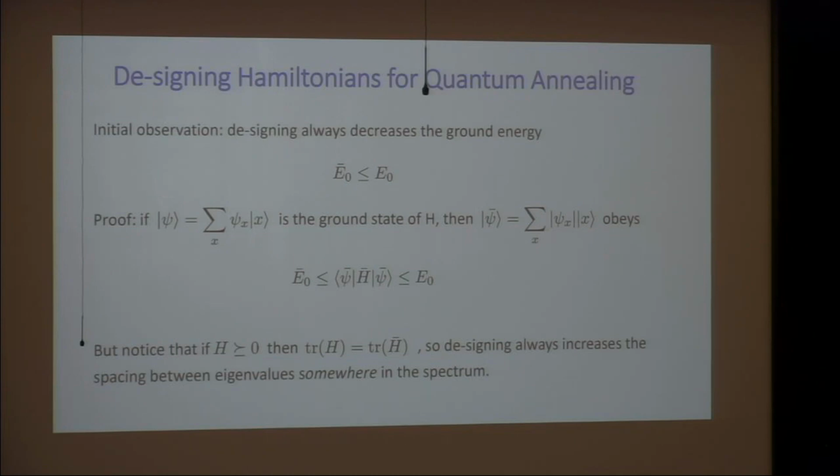So de-signing always decreases the ground energy. And the way that you can see this is that if you start with the ground state of your original Hamiltonian, then you can define this psi bar just in terms of the absolute value of the amplitudes of the original ground state, and you can use it as a variational state with the de-signed version of the Hamiltonian, right?